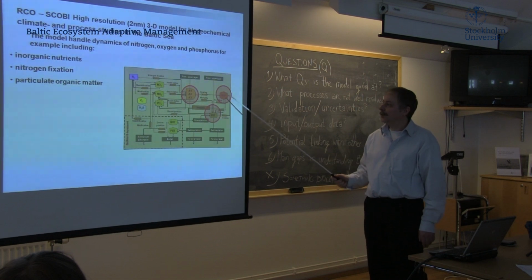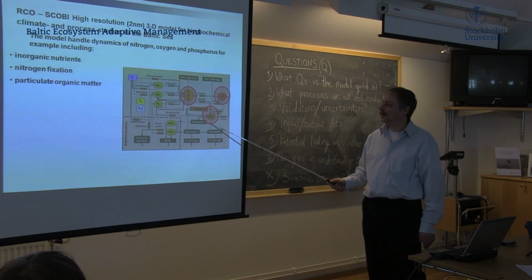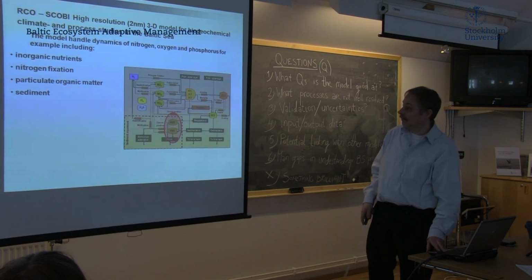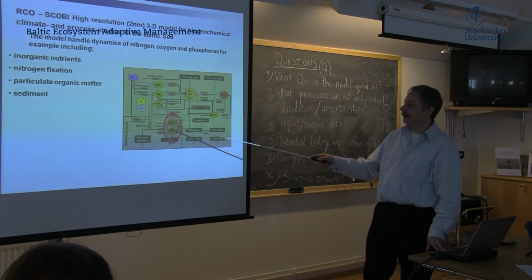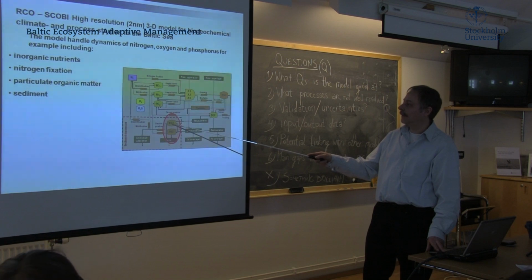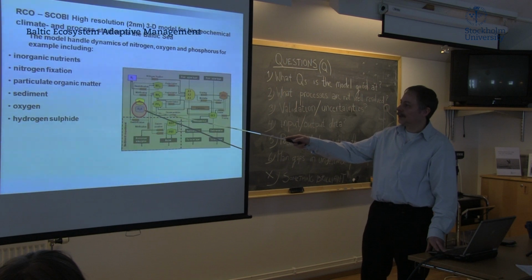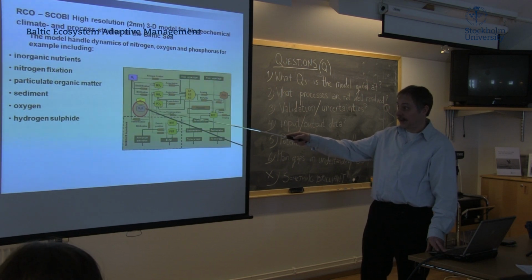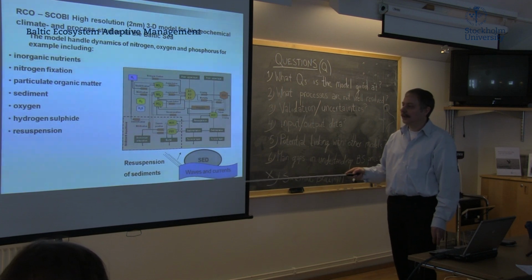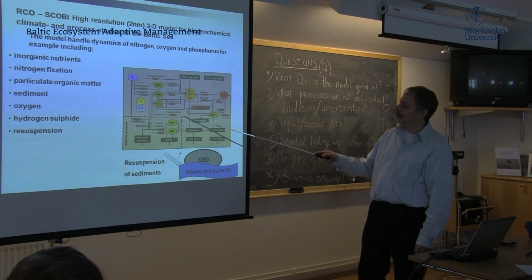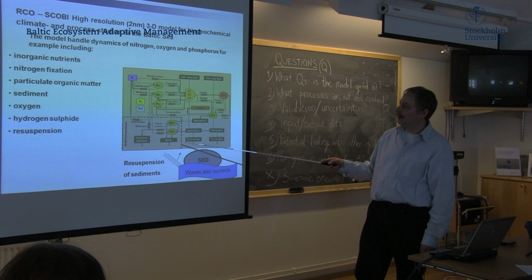And then you have zooplankton, just one species. You have detritus, just one. You have 2 compartments for benthic nitrogen and phosphorus. Well, oxygen I mentioned already. Negative oxygen is hydrogen sulfide. The waves and currents I have discussed already, and resuspension. So these are the processes related to the sediments that I included in the model.